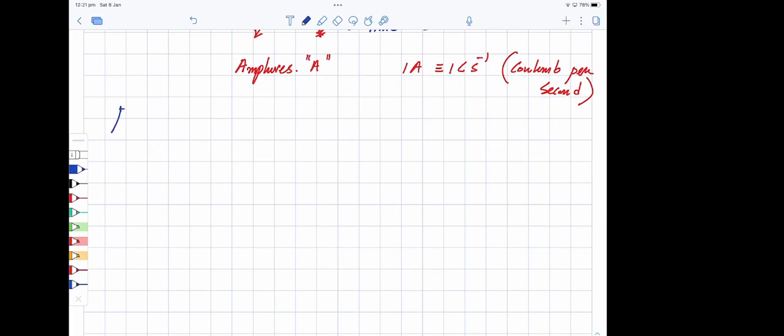Now practically, this is how. Think about it, there is a timer.